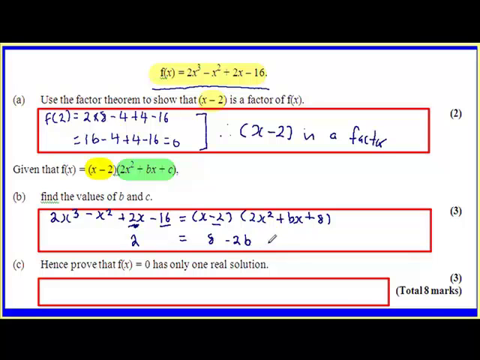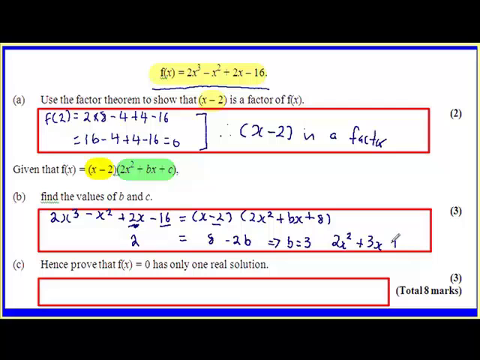And this can be tidied up to give us b equals 3. So we have 2x squared plus 3x plus 8.